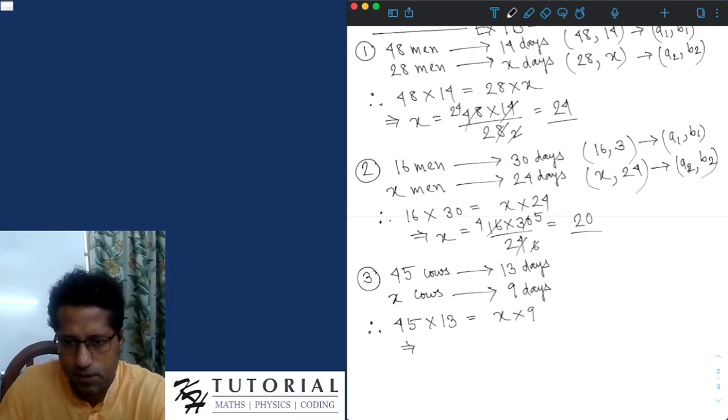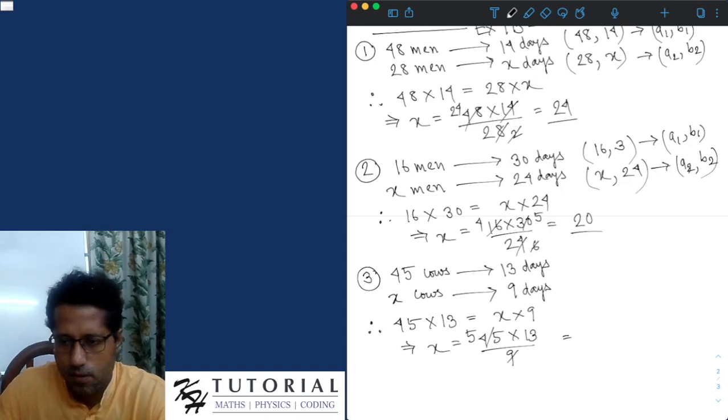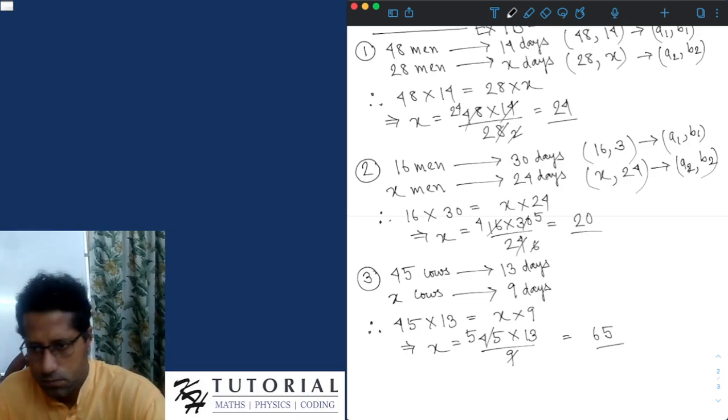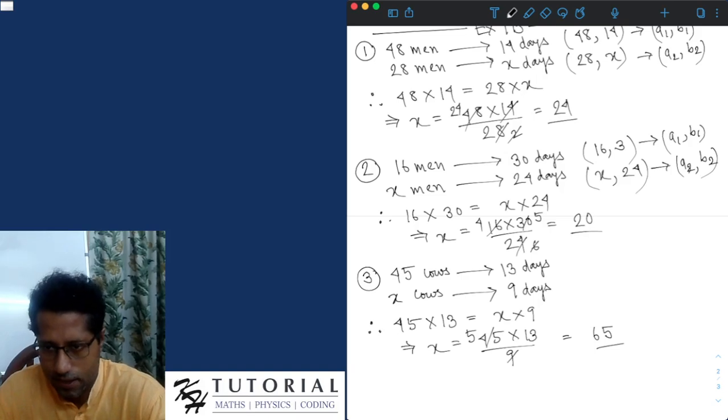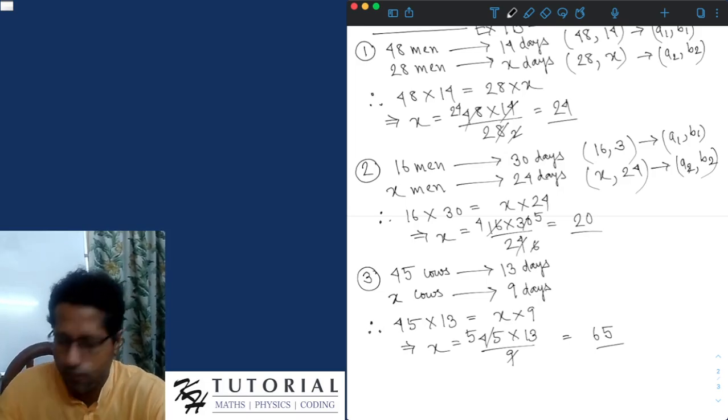From here we can say that X equals 45 into 13 divided by 9. This is 65. So definitely, if you need to graze the field in fewer days, that is 9 days, which is less than 13, you have to engage more cows, more than 45 cows. So the answer is 65.